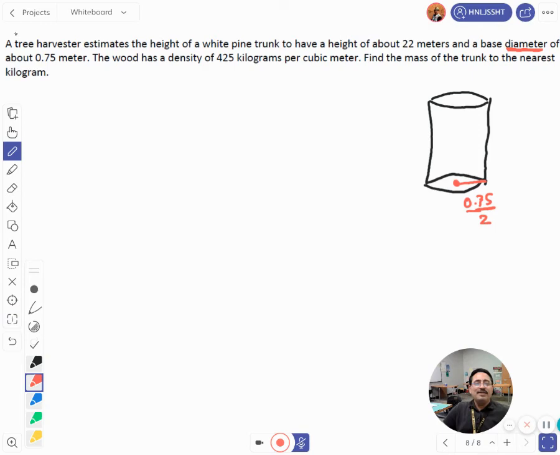And I see that height is 22 meters. So you know radius and height, then you can find the volume using pi r squared h. And next, the density is given. So if you know the density and volume, then you can find the mass using the magic triangle. Okay. So let me take the next question.